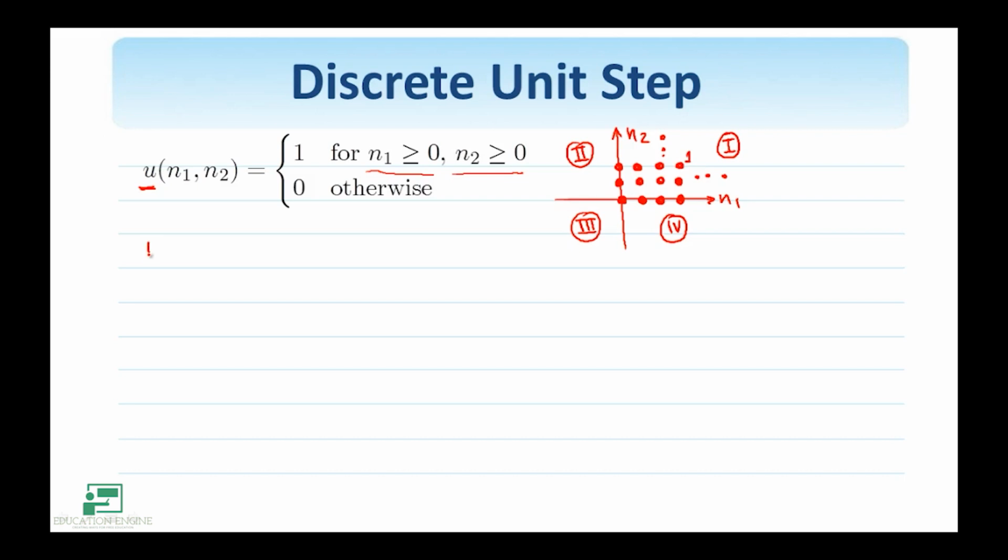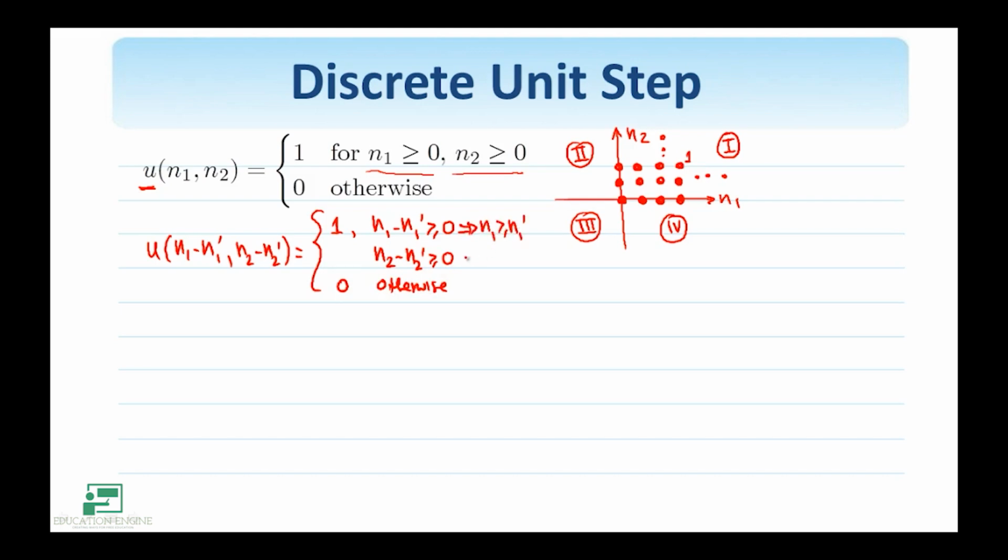We can shift the unit step function around, so if I have u of N1 minus N1 prime, N2 minus N2 prime, then by definition this is equal to 1 as long as its arguments are non-negative, and 0 otherwise. So from here we see that N1 is greater or equal than N1 prime, and N2 is greater or equal than N2 prime.